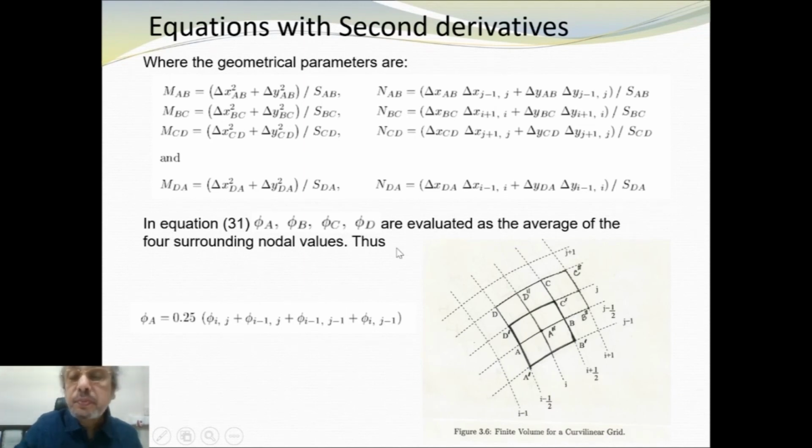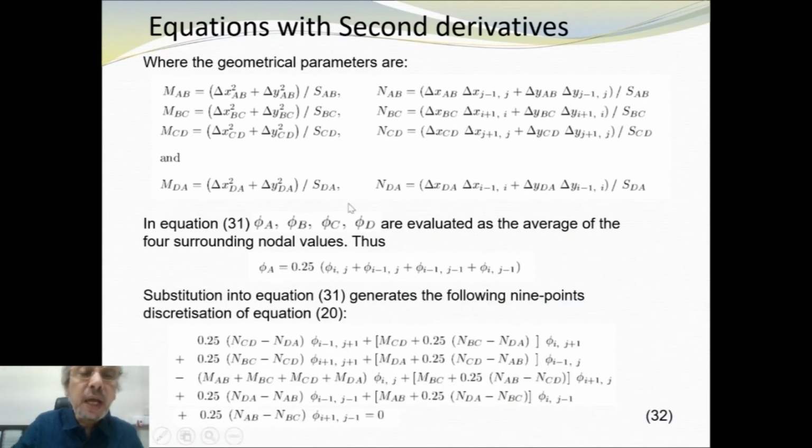evaluated. Because ABCD was defined in such a way that its center point is ij, but its vertices do not fall on the intersection lines of the grids i plus 1, i minus 1, j plus 1, j minus 1.